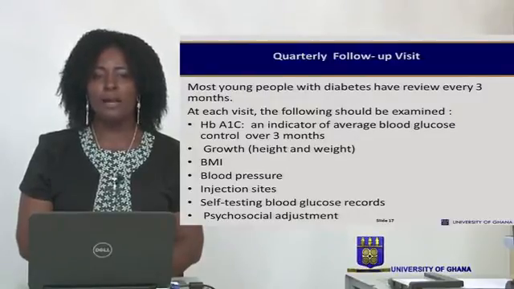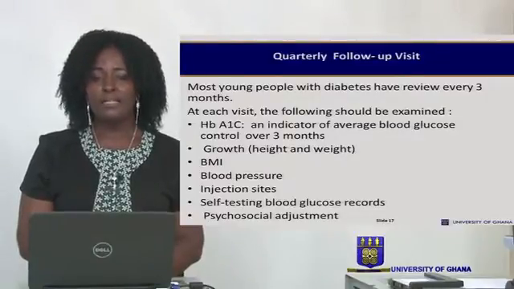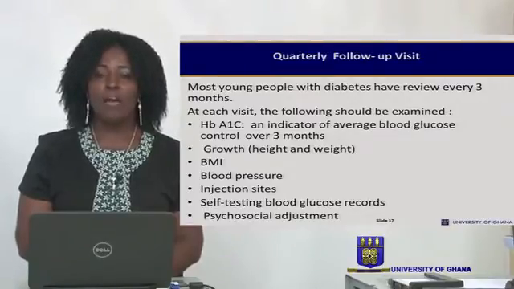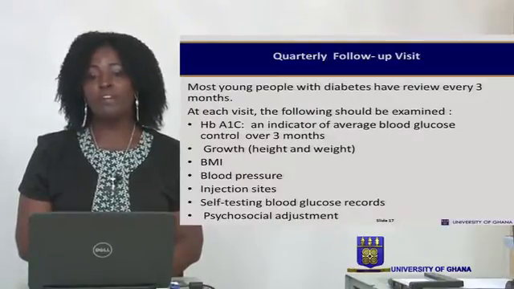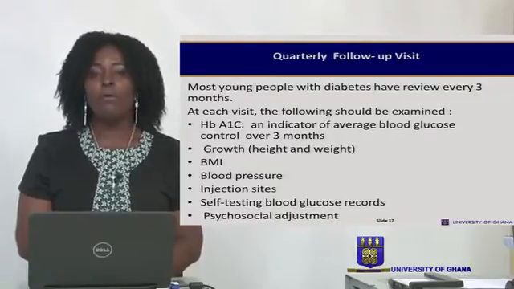So they will come in with very normal fasting blood sugars, but the glycosylated hemoglobin level will give us an indicator of their blood glucose over 3 months and give us a true indication of how well controlled their sugars are.